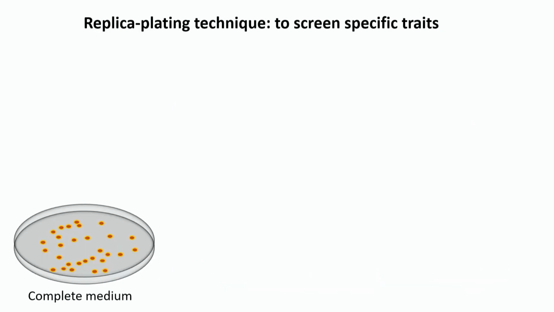So I also want you to learn about a very important technique, which is the replica plating technique, which is required for the identification of the trait. I didn't tell you about the method where we were culturing the bacteria in liquid media and on the plate, and I did mention that there are different media nutritional supplements that you can add on the plate.